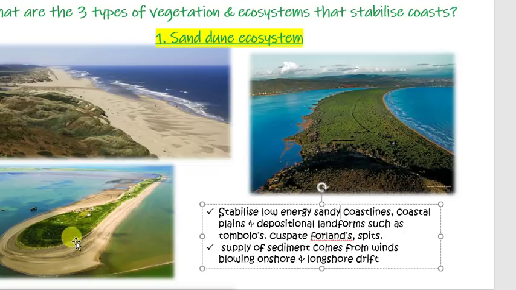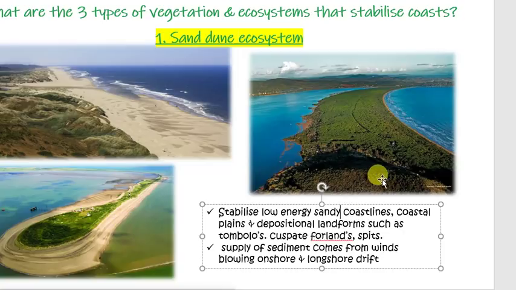So if you just think about how vulnerable this landform would be if it was just sand and it wasn't for vegetation. You can probably imagine how vegetation can prevent or reduce the impact of erosion or storms, yeah, temporarily, but they still are vulnerable.